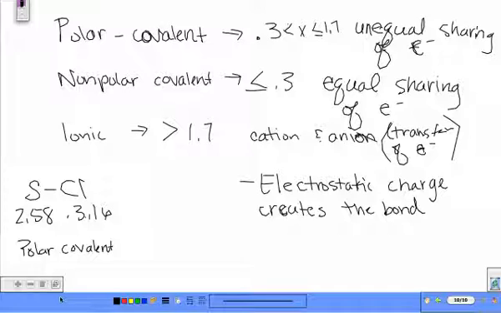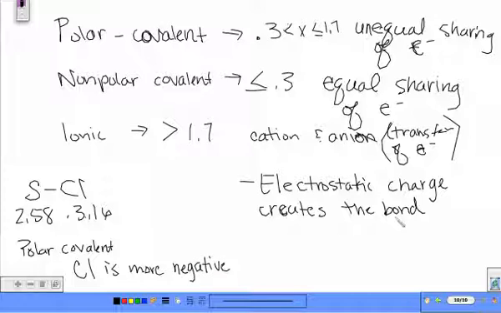Okay. And then it might say which atom is more negative? Sulfur. I disagree. Chlorine is more negative. Why? Yes. The electronegativity value is higher.